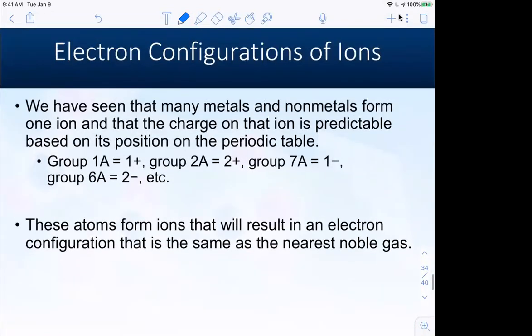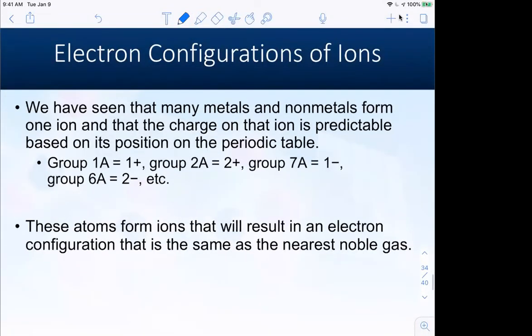So another little topic I want to discuss for 2 seconds. Remember that I can form ionic compounds in regular general chemistry. And we see that many metals and nonmetals will form one ion. That ion is predictable based on the position, and it corresponds to the representative, or main group, elements.